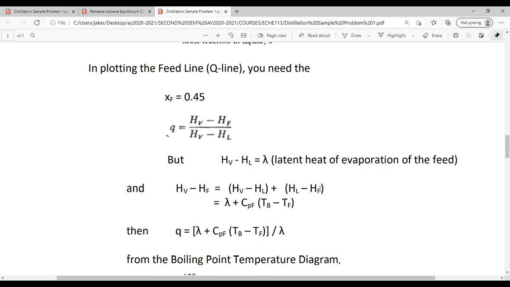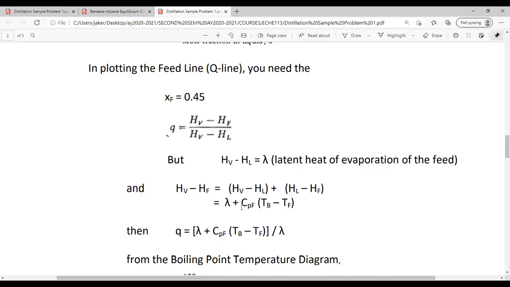Now, the big question is, why manipulate it in this form? You already have HV and HL as the heat of vaporization, or the latent heat of vaporization. And HL minus HF can be solved based on the average heat capacity of the feed: Cp of the feed times the boiling point of the feed minus its temperature.